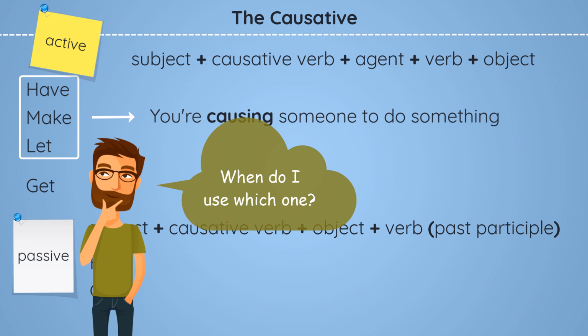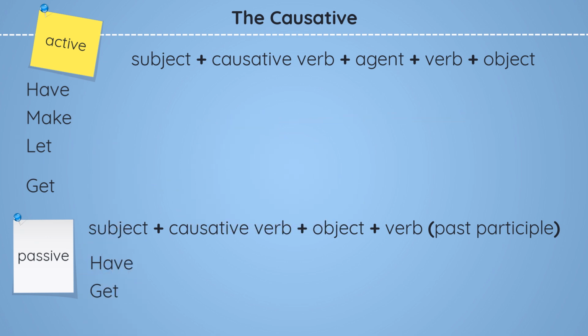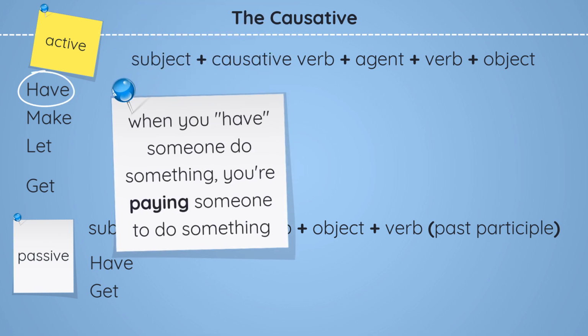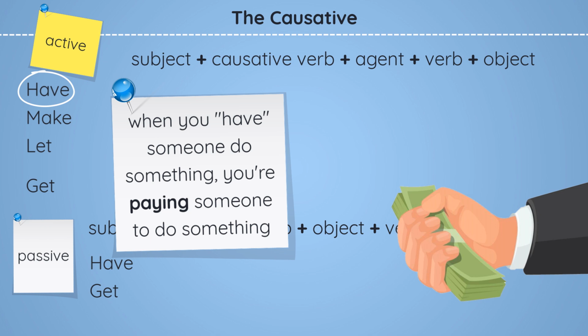It's a little bit of a nuance, very subtle differences. When you have someone do something, basically you're commissioning them, you're paying them. I will have the painter paint my house. I will have the mechanic fix my car. These are services. You're paying someone to do something.